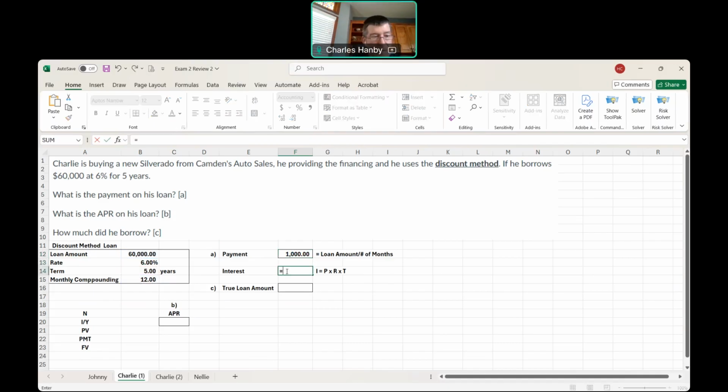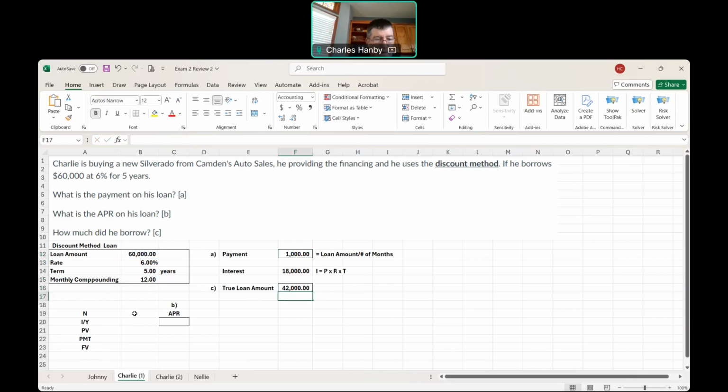Now interest, I equals P times R times T: principal, 60,000, rate, 6%, 5 years. So now the true loan amount is the 60,000 minus the 18,000, or 42,000.